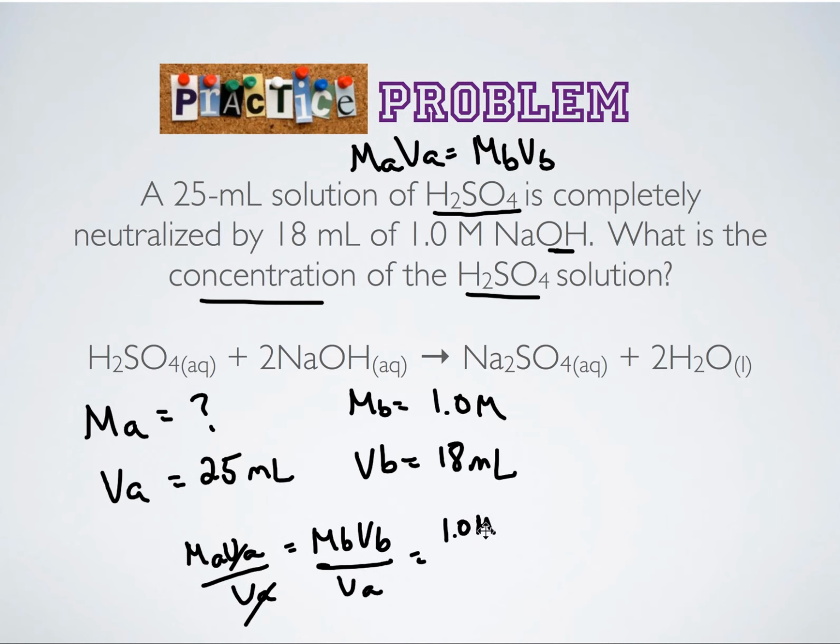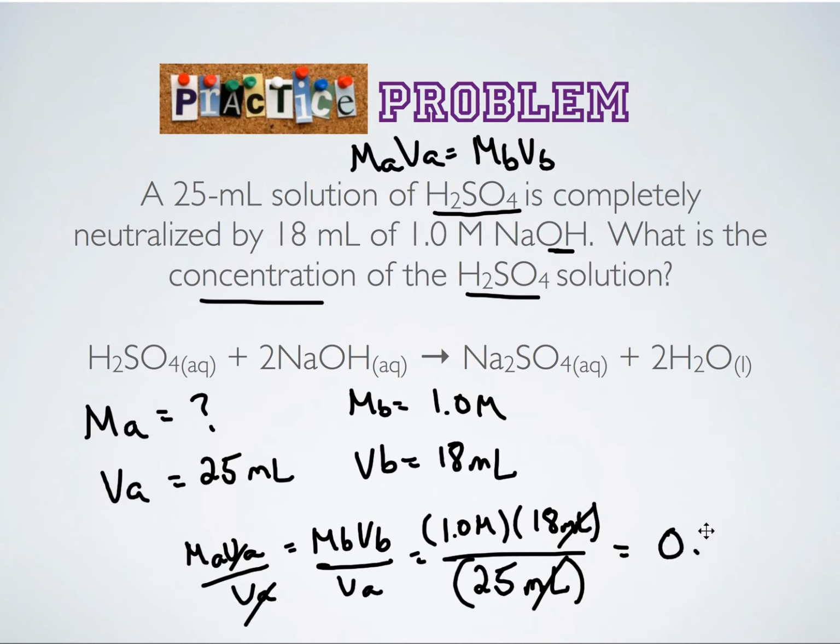So I have 1.0 times 18 divided by 25. My milliliters cancel with milliliters, and I'm left with just a concentration. So that looks like that was set up correctly, since that's what I was looking for. When you plug this in and round for the two significant figures, you end up with 0.72. That's capital M for molarity.